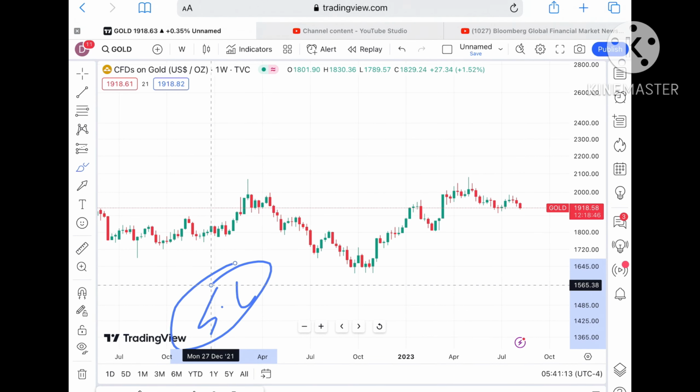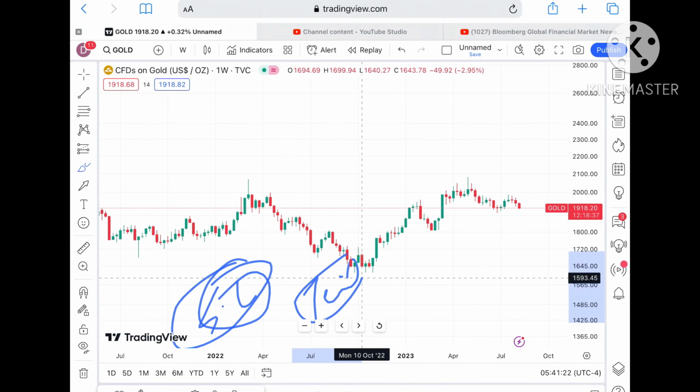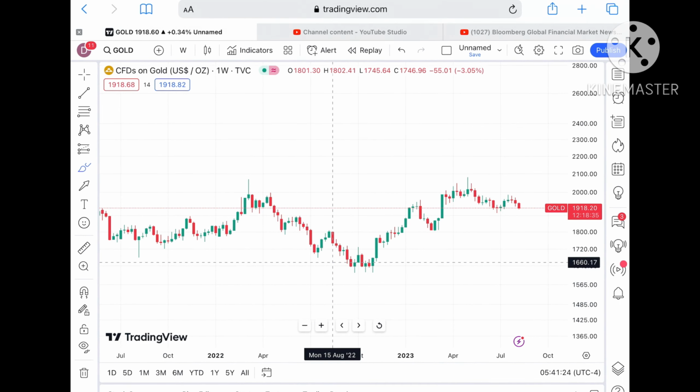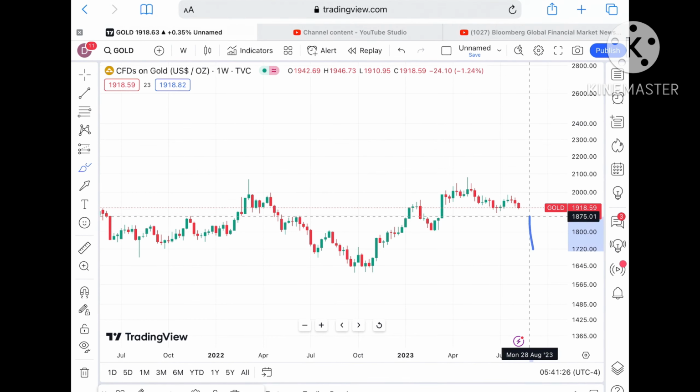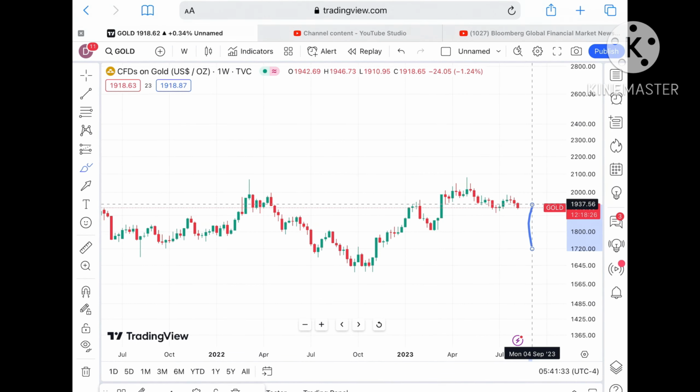Always try to set your SL and trailing SL. SL is important to save your capital, and trailing SL will save your profit. If you are saving your capital, then you will take more trades, and the probability of winning will be higher.